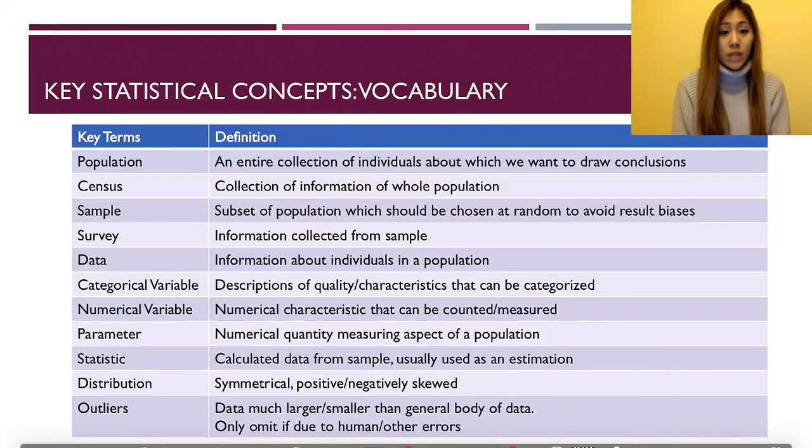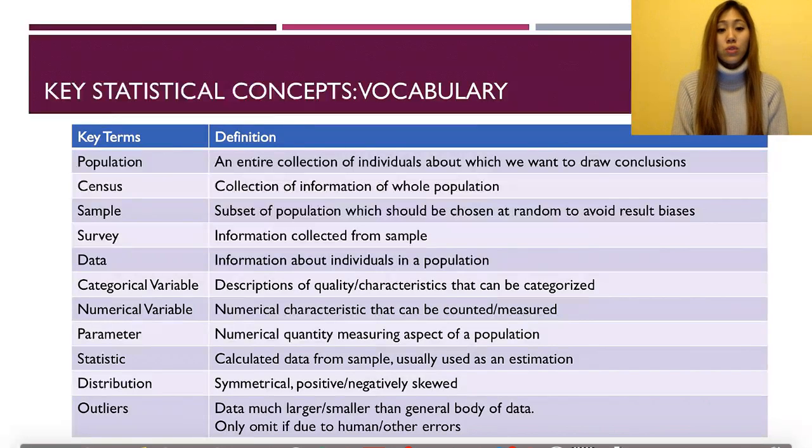You also have data, categorical variable, numerical variable. Categorical is descriptions of qualities or characteristics, almost as if it is qualitative data. Numerical variables are numerical characteristics, so that is quantitative. Parameter is just the quantity that's measuring the aspect.